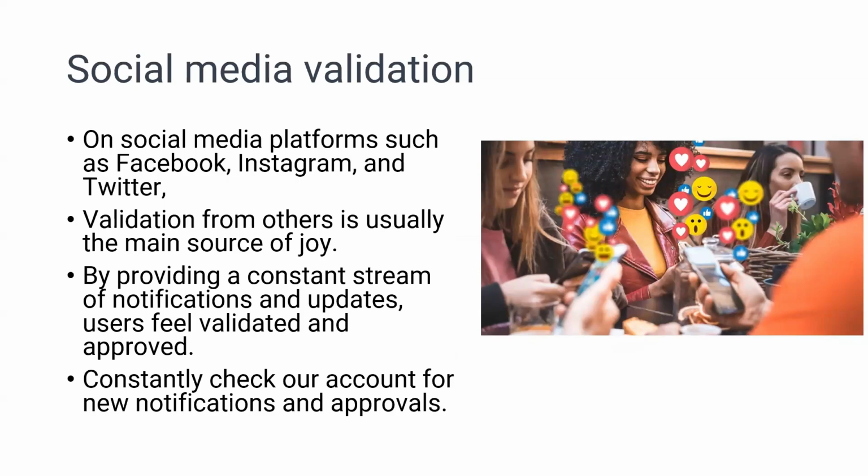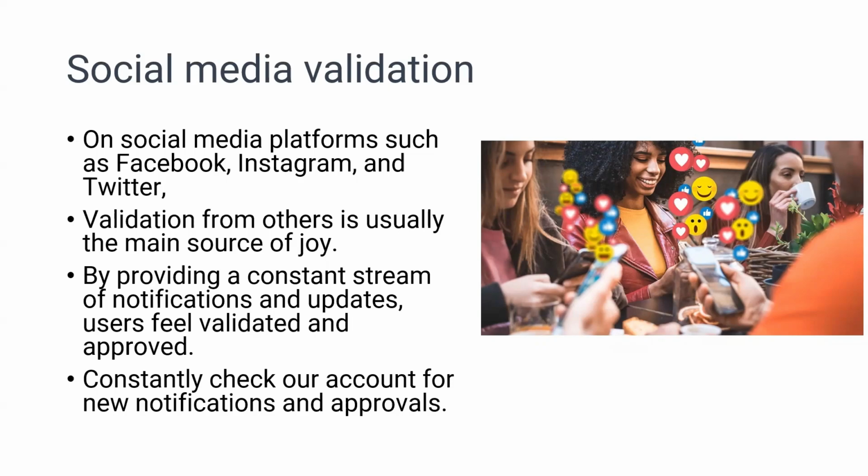Social media validation, on the other hand, is a psychological effect that actually promotes screen addiction. On social media platforms such as Facebook, Instagram, and Twitter, our main sense of joy comes from validation from others. So when our posts are liked and when we receive approval from others, we get a sense of joy.